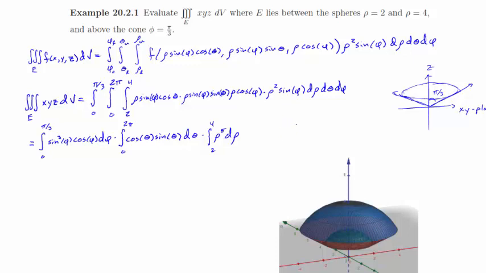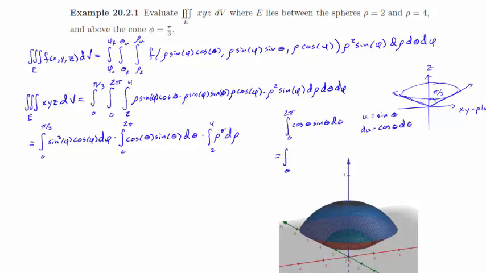Now, in this middle integral, I'm seeing some symmetries here that are going to make this work out kind of interestingly. So if I'm just looking at that integral from 0 to 2 pi of cosine of theta, sine of theta, d theta, if u equals sine of theta, so du equals cosine of theta d theta, then if theta is 0, sine of 0 is 0.